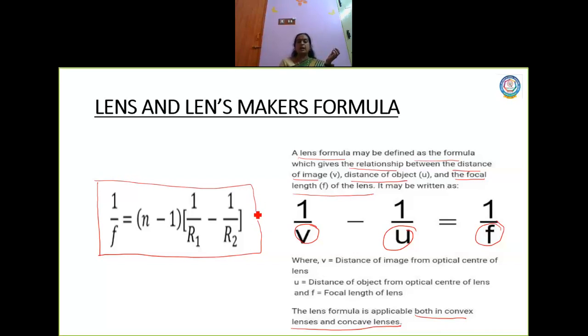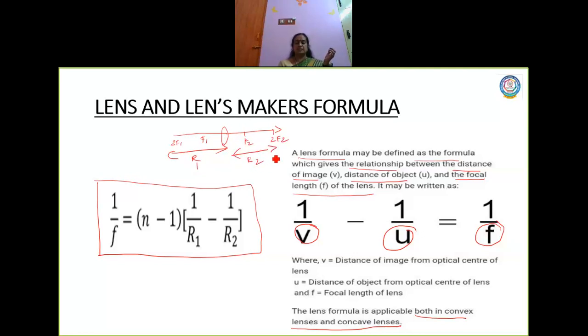Now R1, R2: suppose this is a convex lens. This is F1, and this is 2F1, which is the radius of curvature. As far as the convex lens is concerned, this is F2 and this is 2F2, right? So if this is R1, this will be R2, correct?